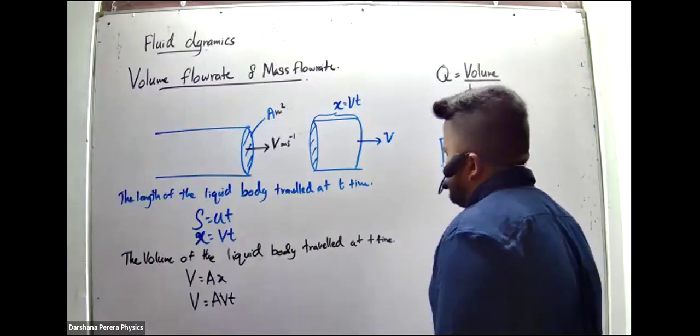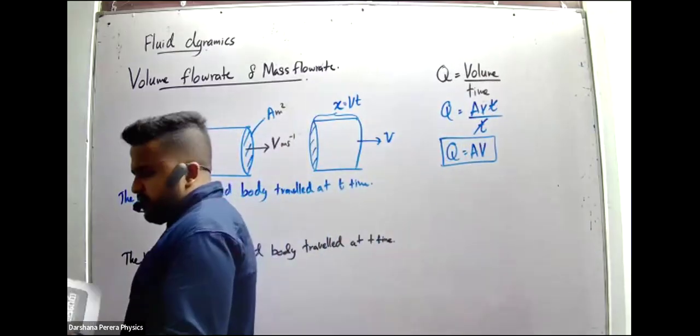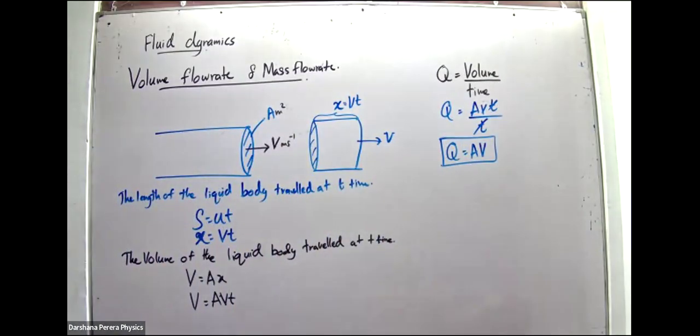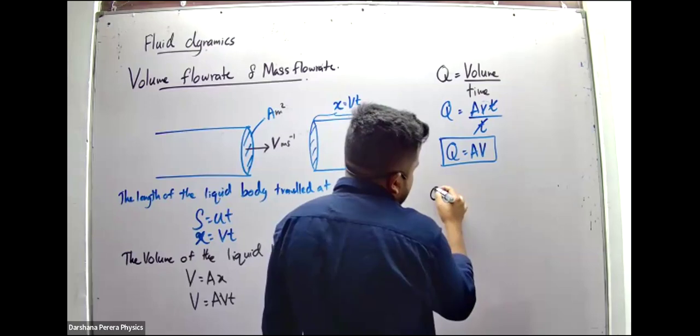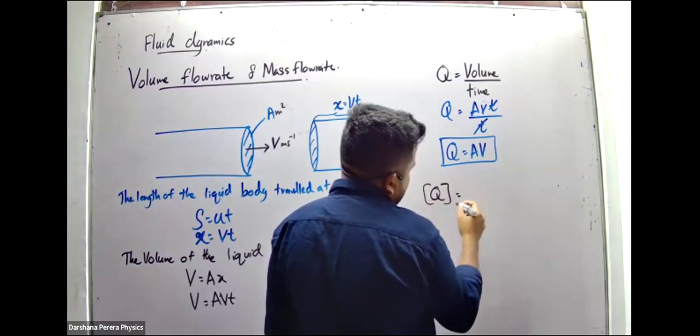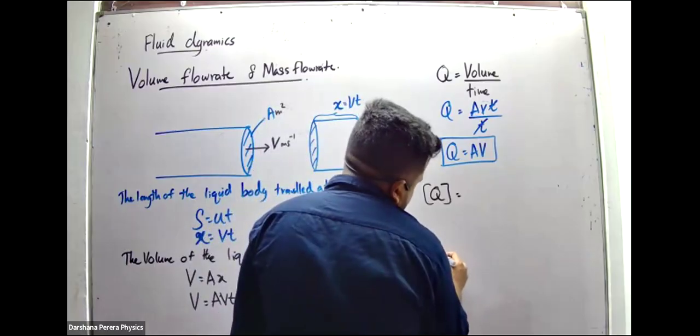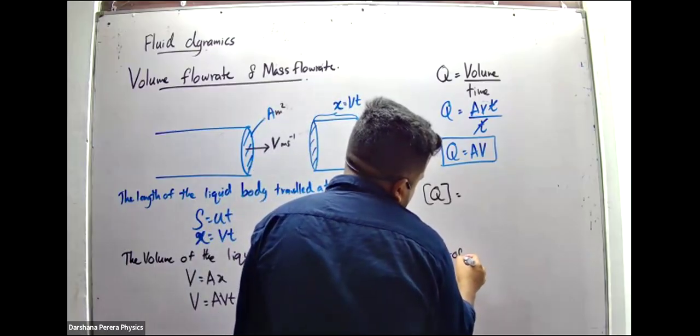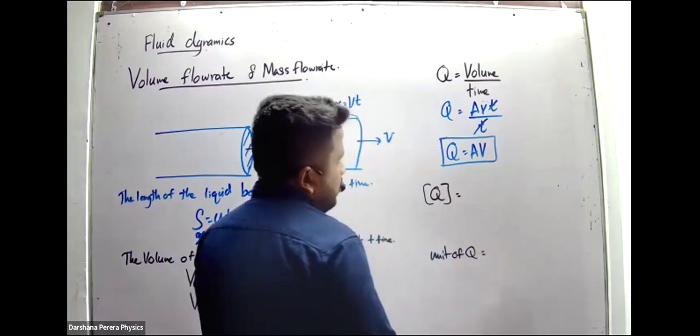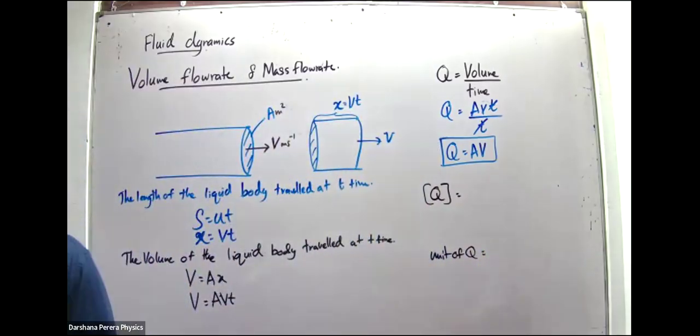This is the volume flow rate, the volume discharge. Find out the dimension of Q. Quickly find out. Give me the answer, put it in chat.